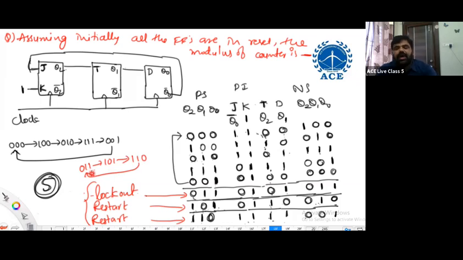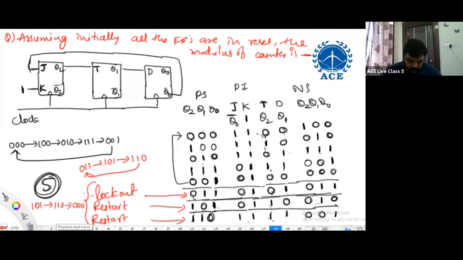Another possibility. Some of you may be thinking that for restart, for 101 the next state must be a used state only, and for 110 the next state must be used only. It cannot be like this also. Other possibility: 101 next 110, then 000. Then also it is restarting.